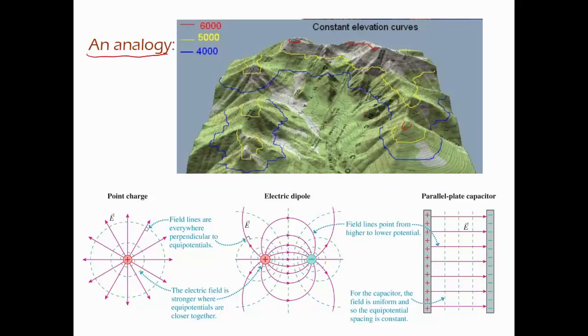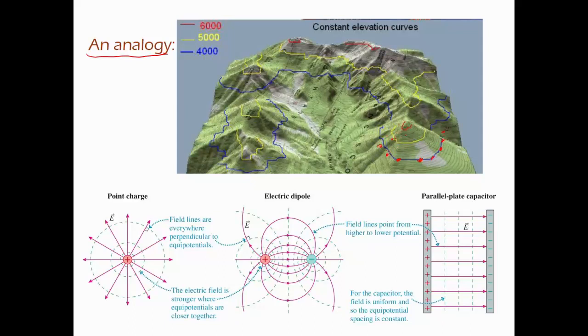If you go hike a mountain region, any adventurous hiker should know this actually. Each line here is the elevation graph. That means they are the equipotential lines. Each point on this line represents the same height, same elevation. For example, this is at 4,000 meters.